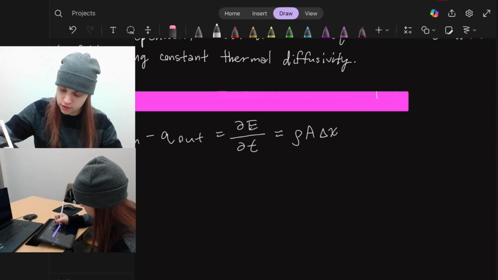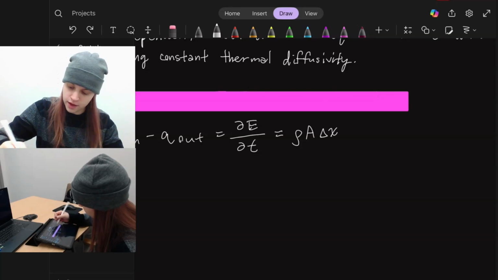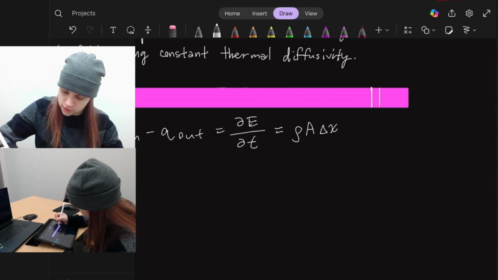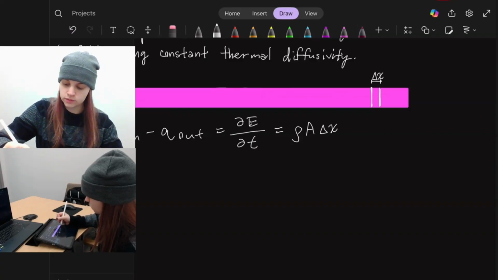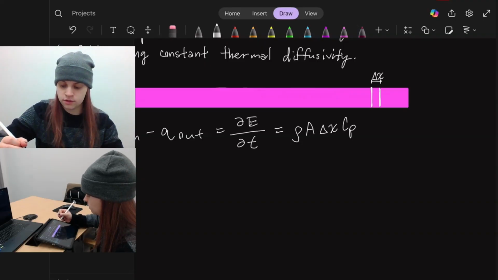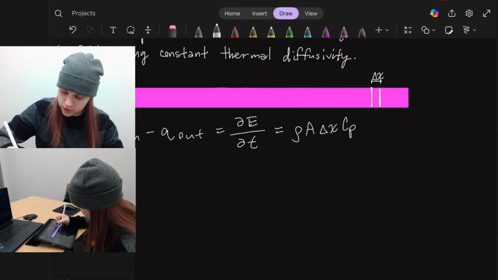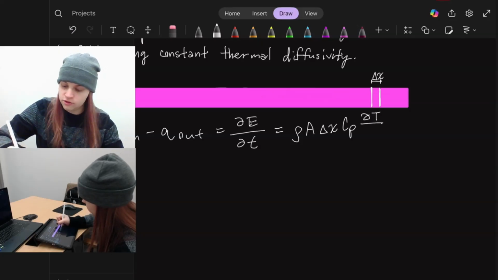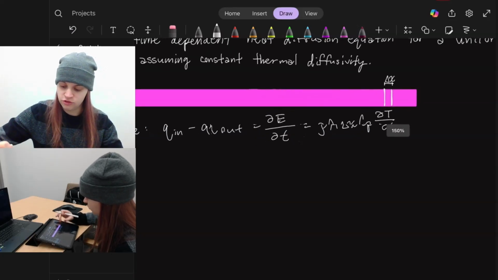So if we had this be like a delta x, for example, the heat capacity of this object, and multiply that by the change in temperature over the change in time.